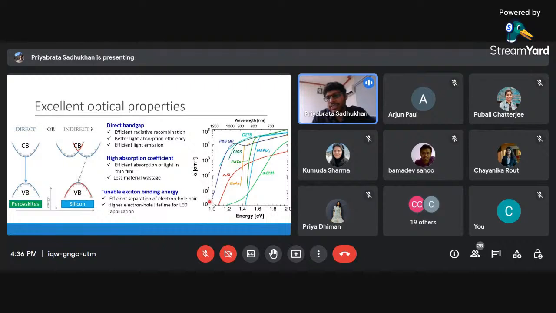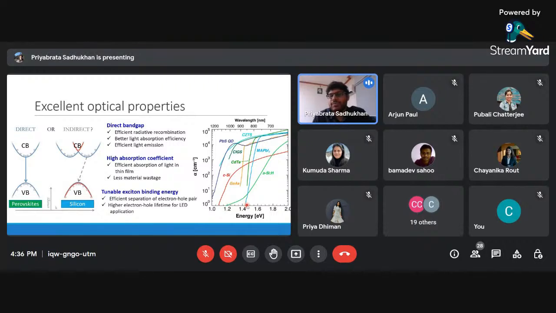Now, as you can see in this figure, I have plotted the absorption coefficient of some different semiconductor materials with perovskite materials, and the x-axis is the energy of the light. You know, the light has some wavelength. The blue light has shorter wavelength, the red light has a much longer wavelength, and the shorter wavelength means a higher amount of energy.